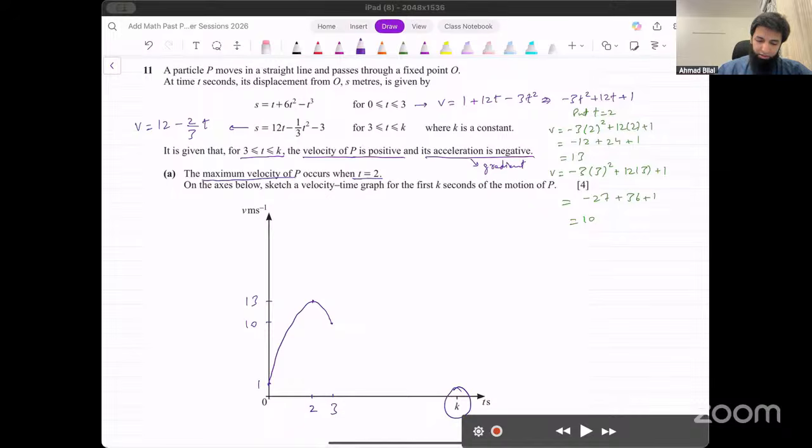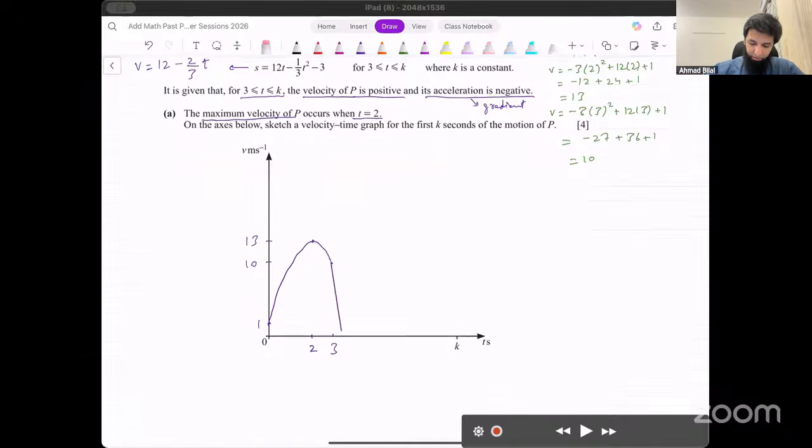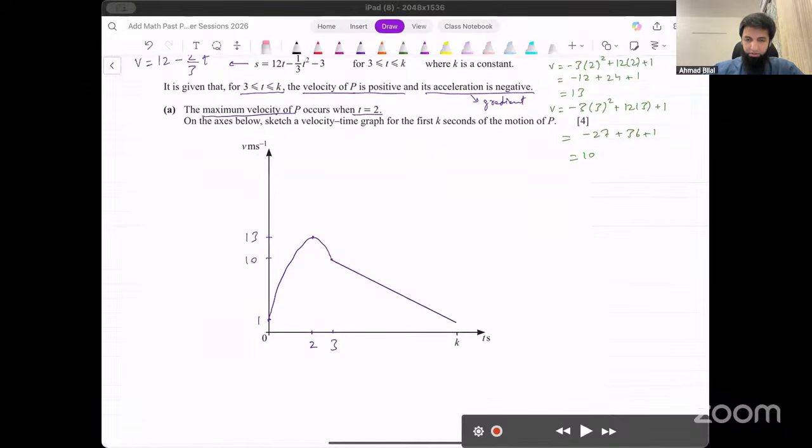Now they told us the velocity is positive up to k. So we are not going to touch the graph with 0. Because the velocity remains positive, we're going to keep it at some positive number here. Okay, it may be here, here.